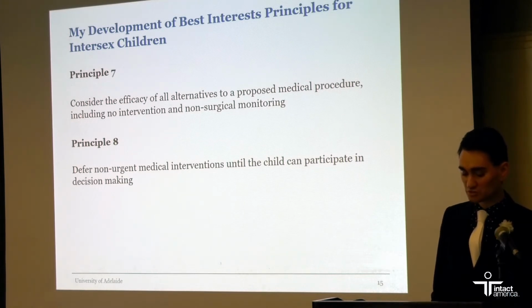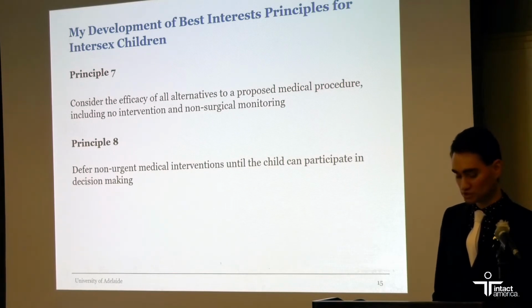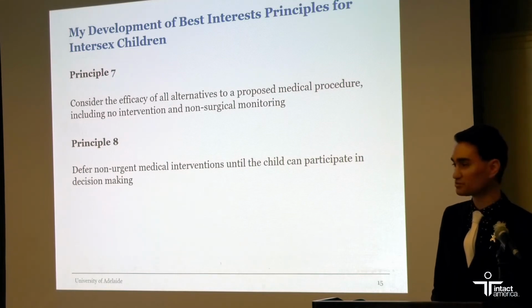Principle 7 also promotes the consideration of affirming counseling and peer support, which can replace or be used in conjunction with medically necessary interventions. Of course, an important alternative to a proposed procedure is to delay non-urgent interventions until the child can participate in decision-making, which is Principle 8.